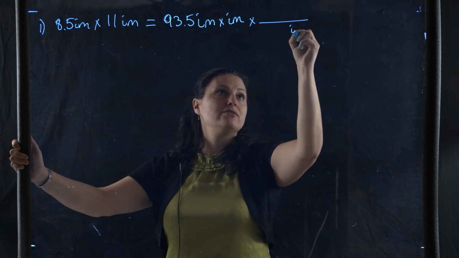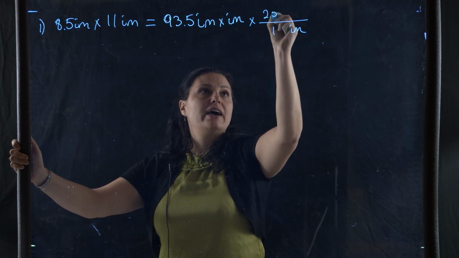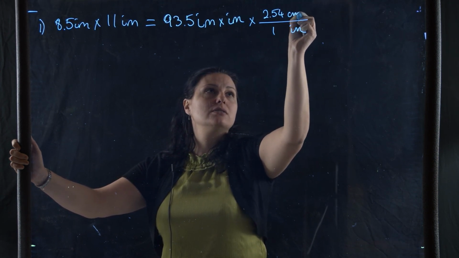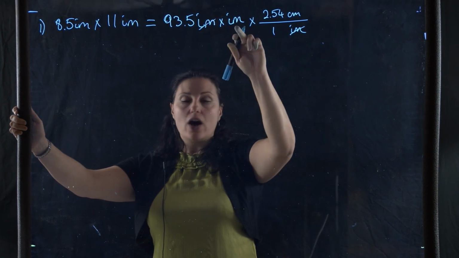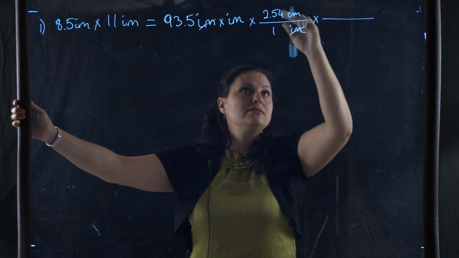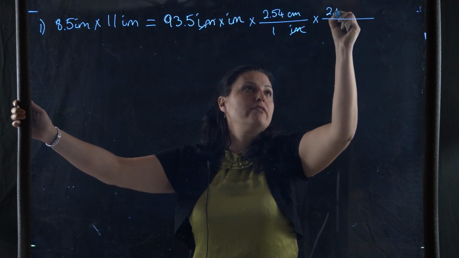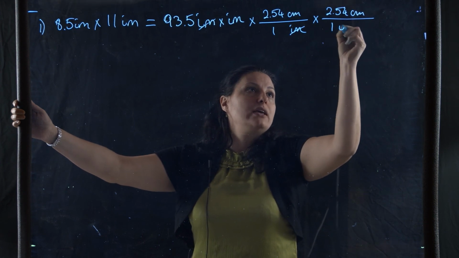So my inches have to be at the bottom. 1 inch, 2.54 centimeters. And this will cancel my first inch, but I also have another inch, which means that I will have to repeat this. I have 2.54 centimeters for every 1 inch.